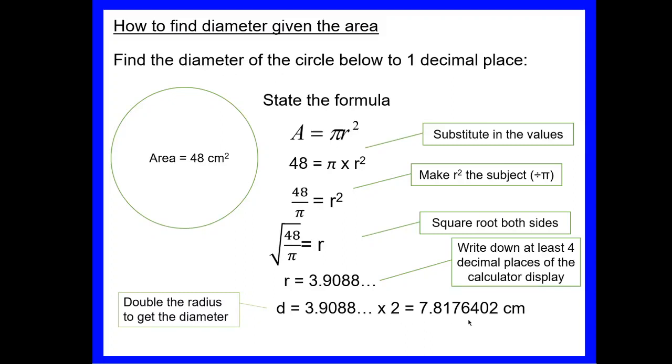And I get 7.817642. Again, the numbers would continue from there. If I round it to an appropriate degree of accuracy, I get 7.8 centimeters for the diameter. Again, make sure you're happy with those, you've got all those notes before you move on to have a go yourself.